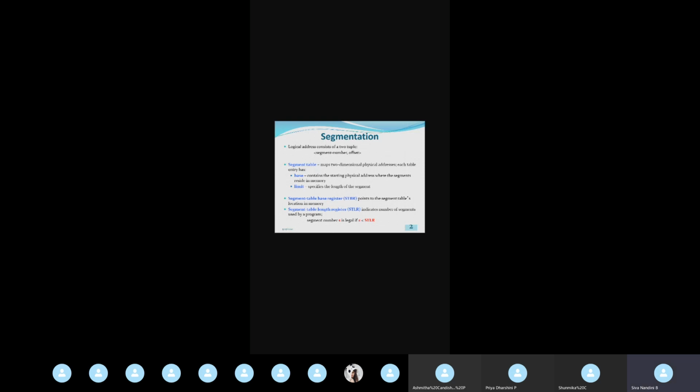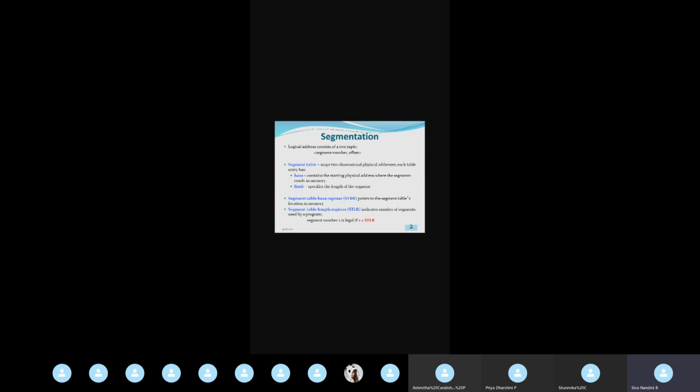So here the segment table holds the base register and limit register content of all the segments, and one more, we are having some registers: the segment table base register. This segment table base register is nothing but a register which points to the segment table's location in the memory.